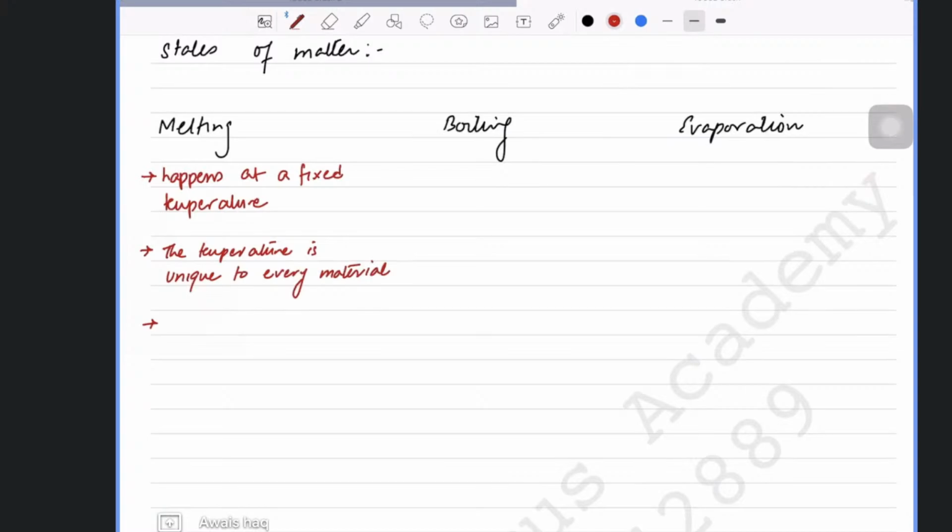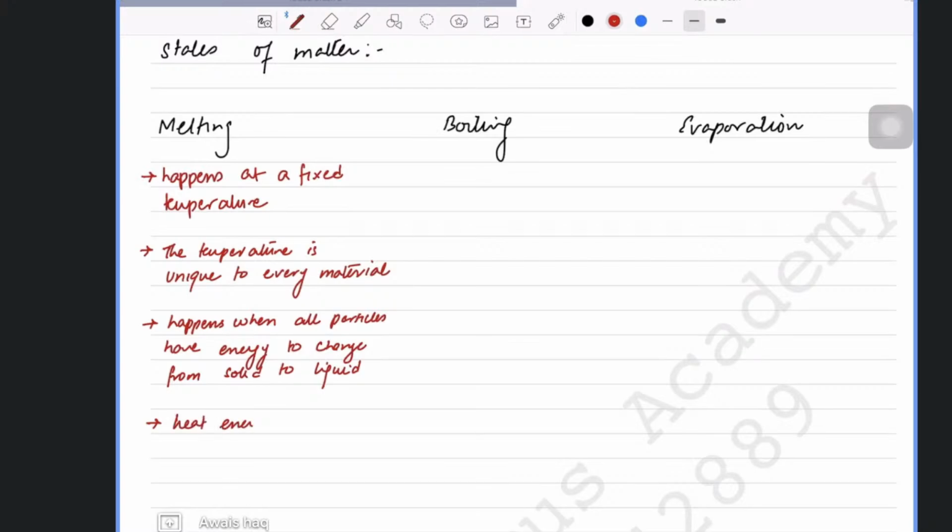Then, melting happens when all particles have energy to change from solid to liquid.